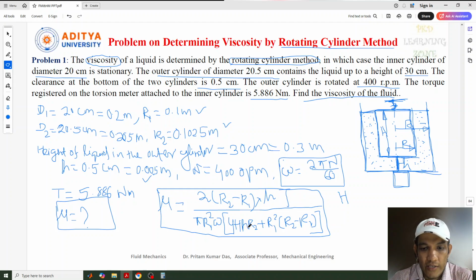So small h is given, R2 given, R1 given. All these values are related based on R2 and R1, and H and capital N, and small h also we can identify. So let's find out first omega, then this H, then we will solve this one.